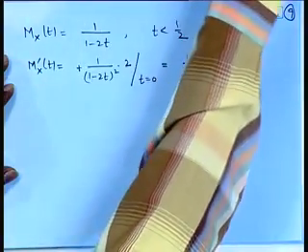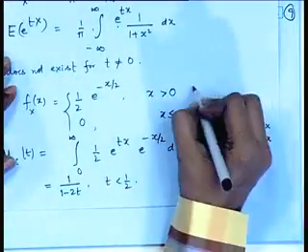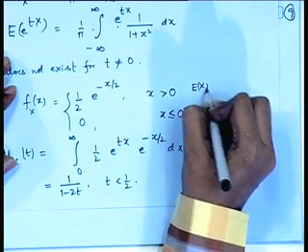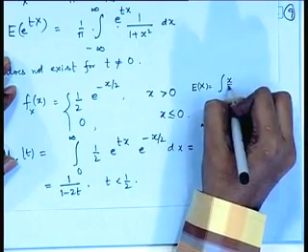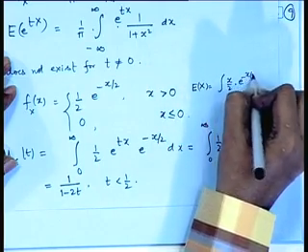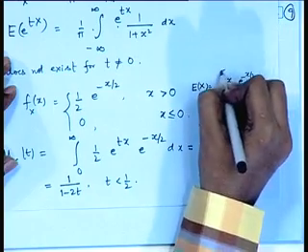Let us check here directly from the distribution. If I calculate the expectation of X, this is equal to the integral of x by 2 e to the power minus x by 2 dx from 0 to infinity.